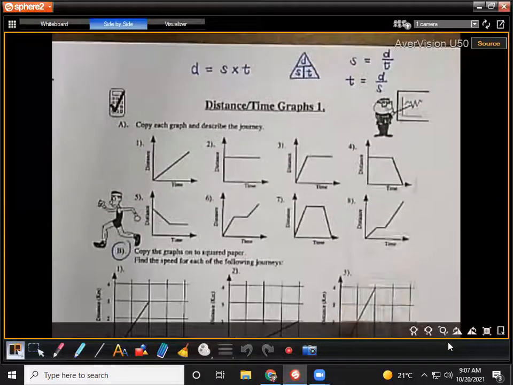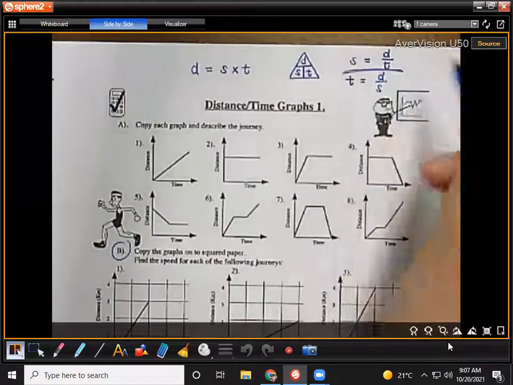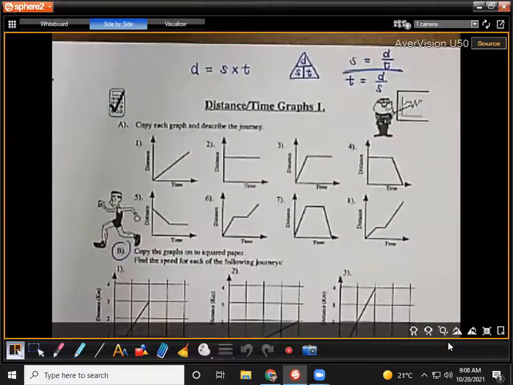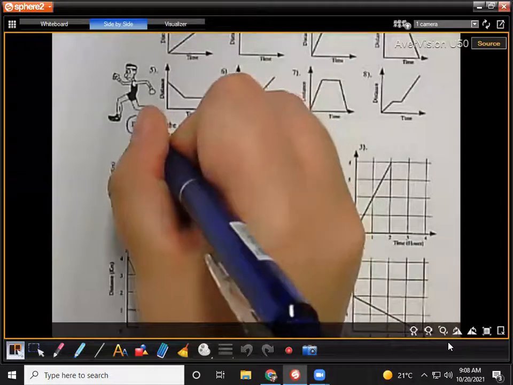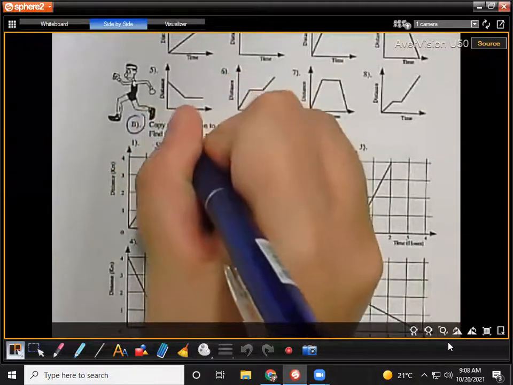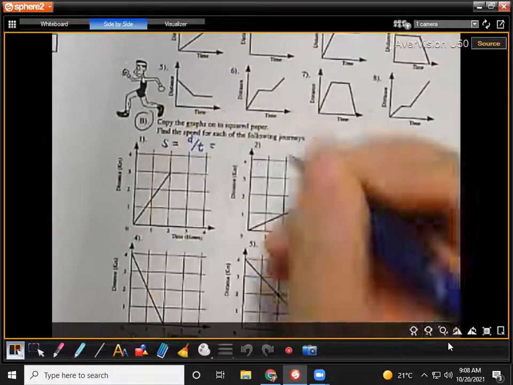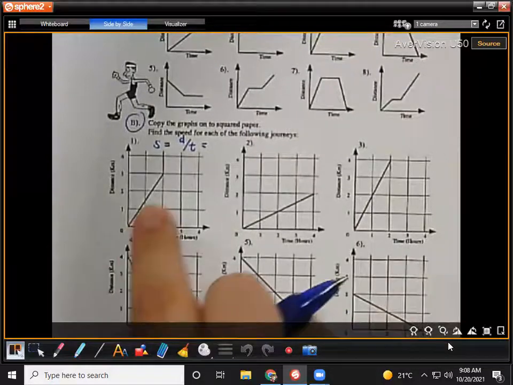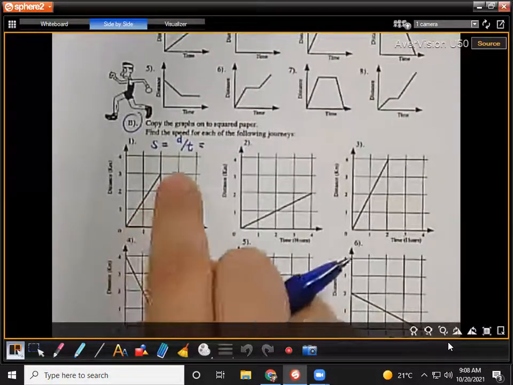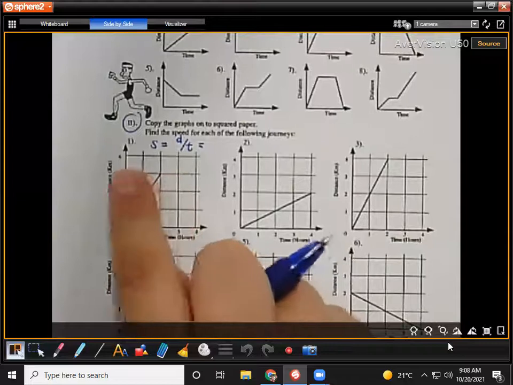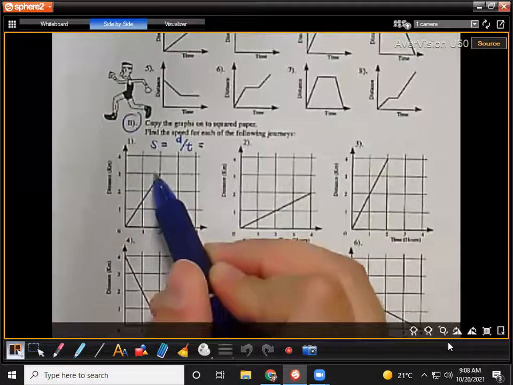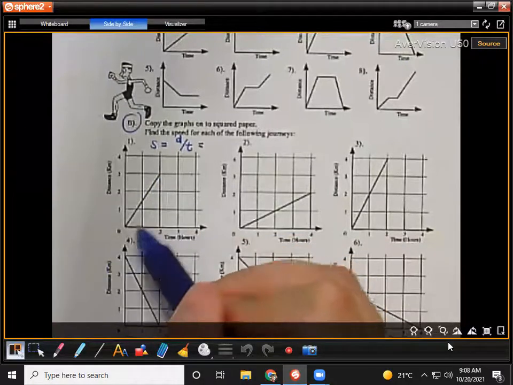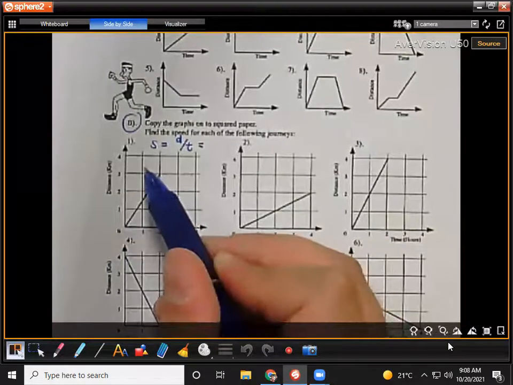Now, guys, what is the formula for speed? Distance over time. So let me do the first one with you. Speed is distance over time. Now, if we're looking at this whole graph, what is the distance that was covered at the end of this journey? Distance is here. 3 kilometers. Do we see that? When the journey was over, they had traveled 3 kilometers.